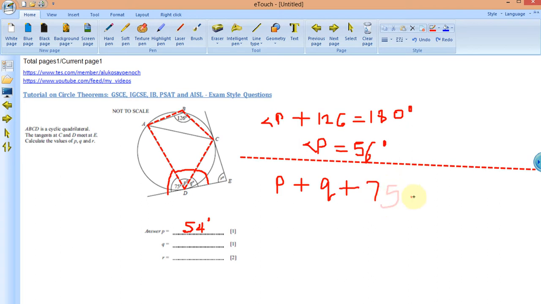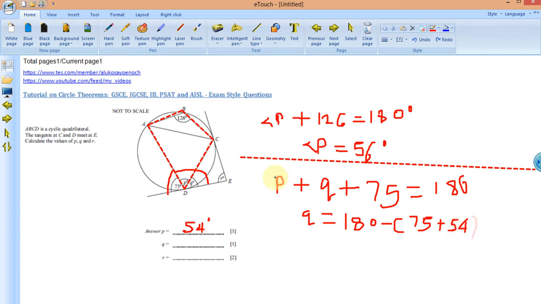That is angles on a straight line. Not going to waste much time here. I'll just go for my Q now. So Q will give me 180 minus 75 plus P, and we have P here already to be 54. Guys, hope you understand what I'm trying to do here.